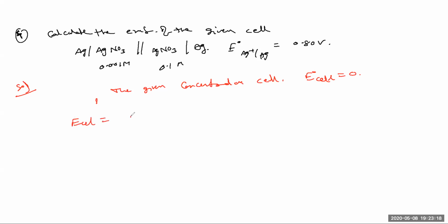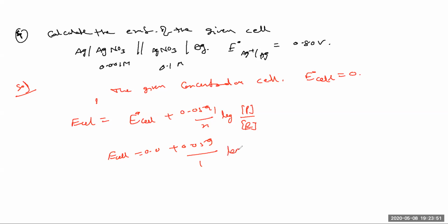E cell is equal to, plus metal electrode, product by reactant concentration. Here electrons 1 only, silver valency 1 only. Product 10 power minus 1, the reactant means 10 power minus 3. So come on, tell me now, what is the answer?